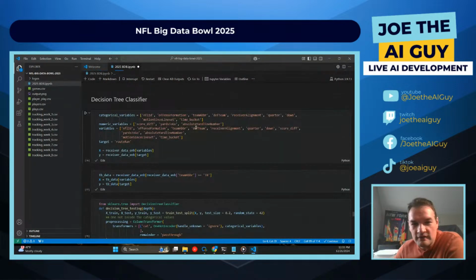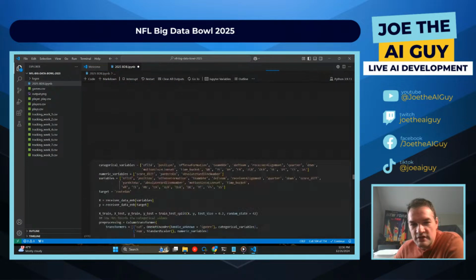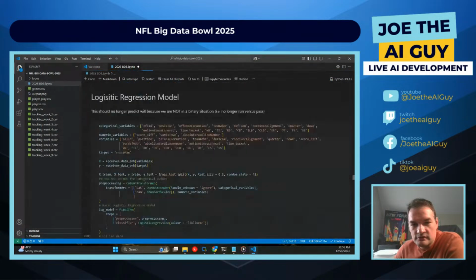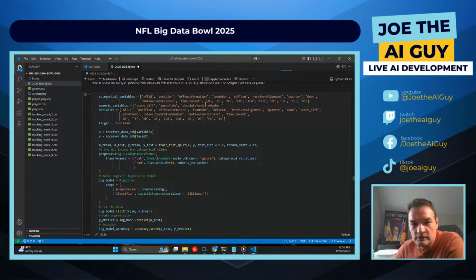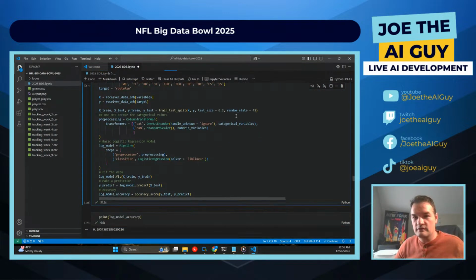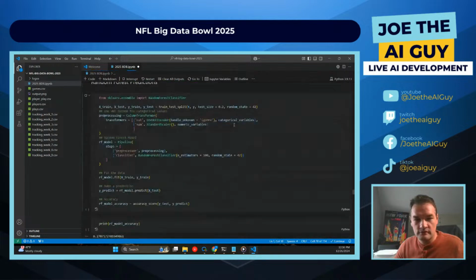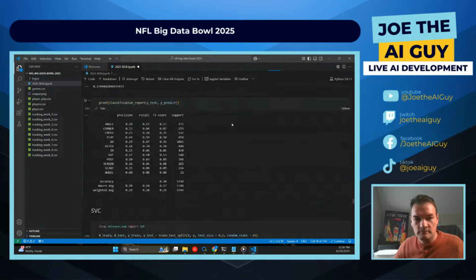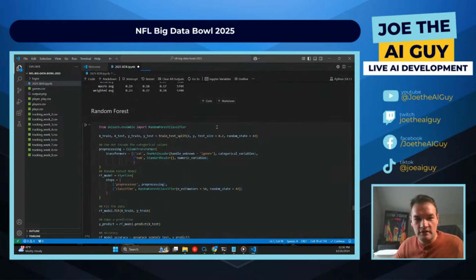Oh, the other thing is adding that to the decision tree here, because we had not had those before. So let me go up and pull those down. Take those, bring them down to the division classifier.